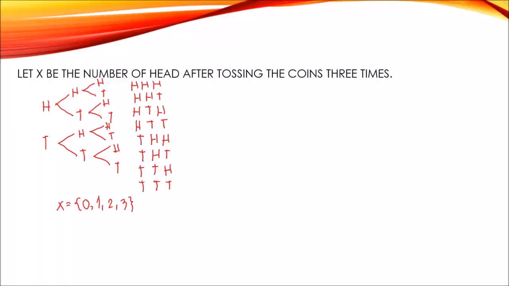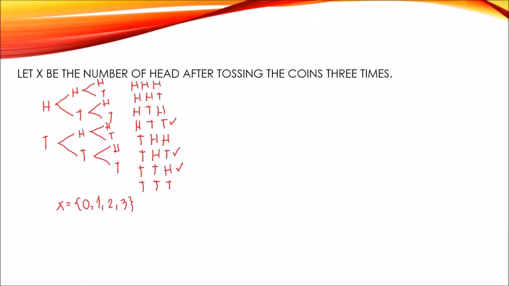Then we have random variable 1, since we have combinations that contain one head. That is HTT, THT, and TTH. And we have 2, since we have combinations that have two heads.